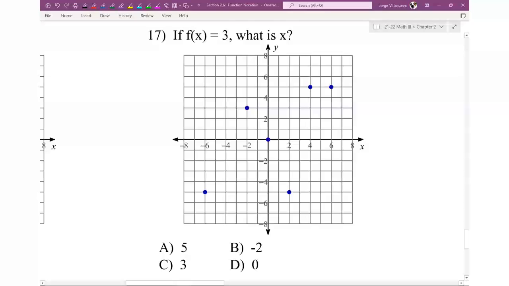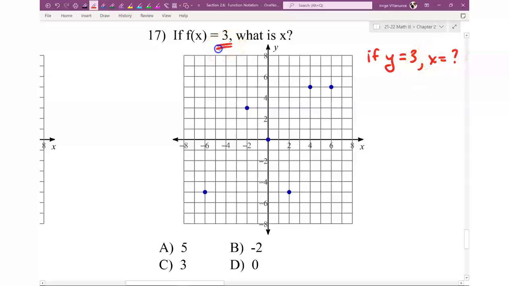Before they gave me x, I had to find y, right? This time they say, we don't know what x is. So what number do you think they gave me? The y value this time, right? So they're saying, if y is 3, then what's x?